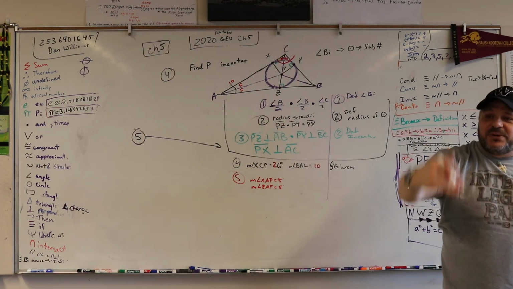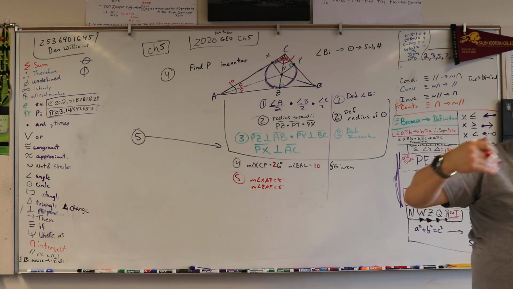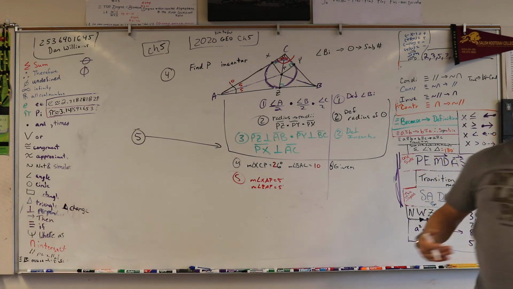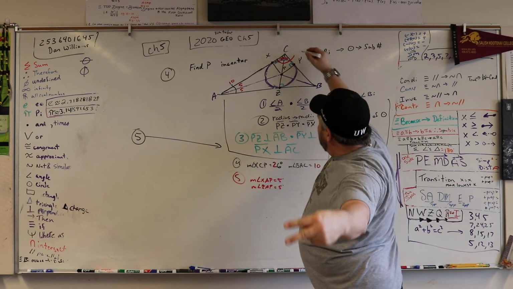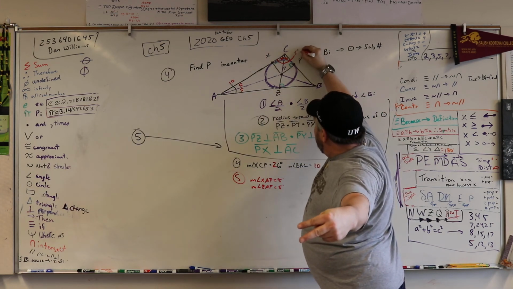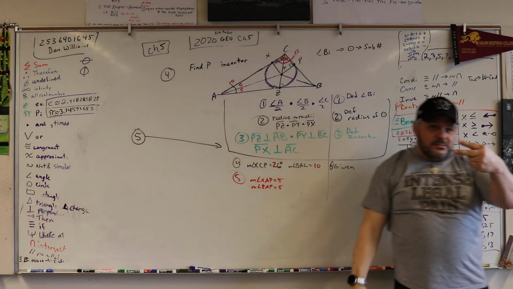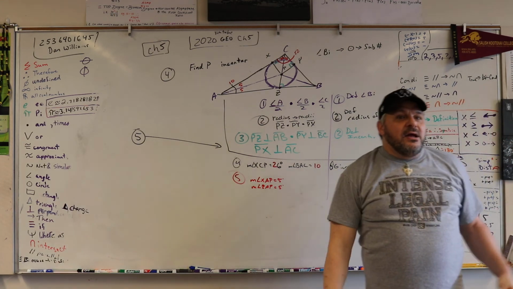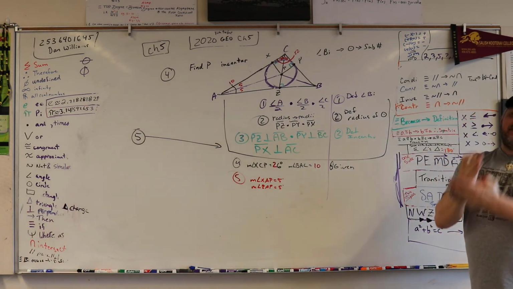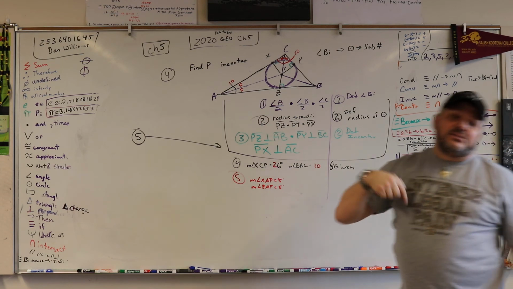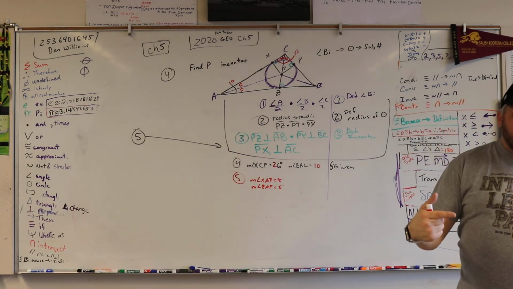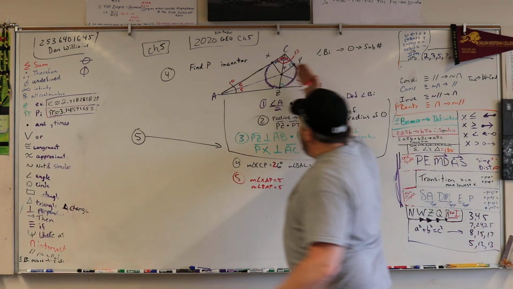What's 26 and 26? 52. It's 25 and 25 is 50, and 1 and 1 is 2. Right? 26 and 26, 52. Okay? So that whole piece.